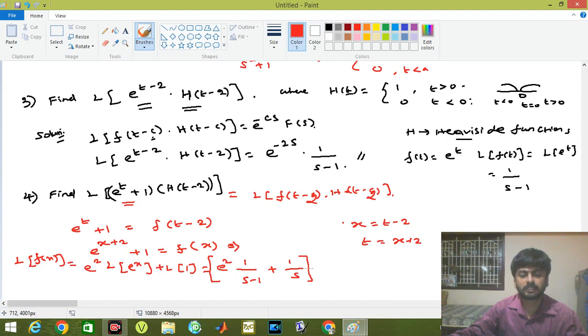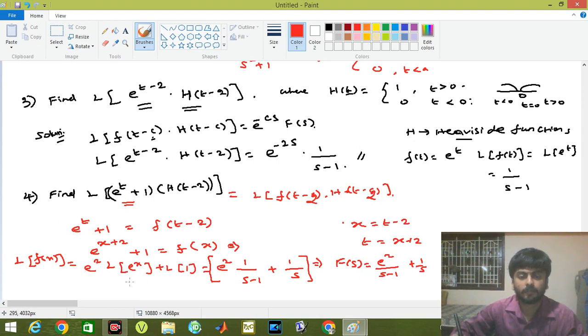Okay, this is our f of s. So f of s equal to e square by s minus 1 plus 1 by s.